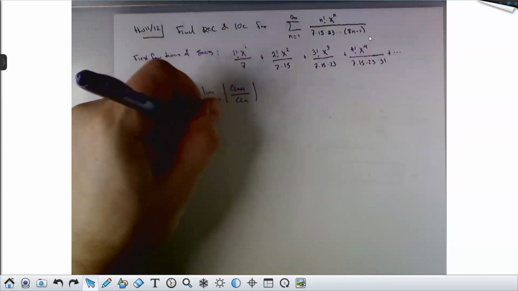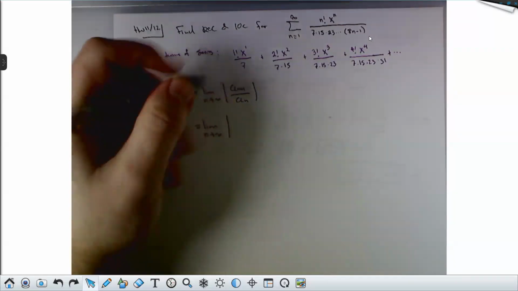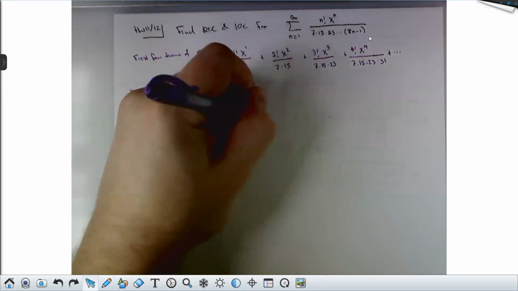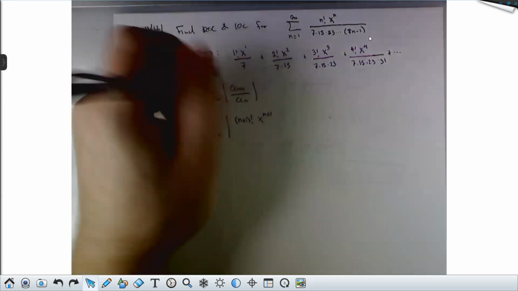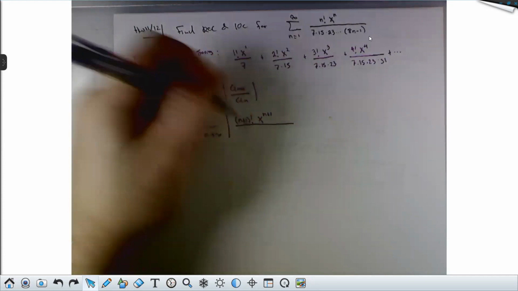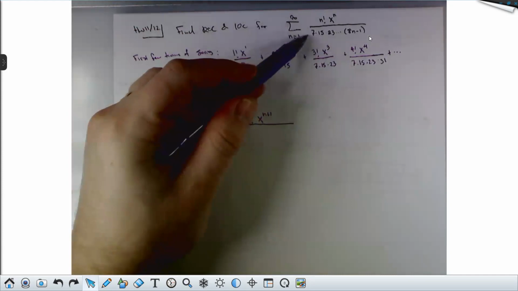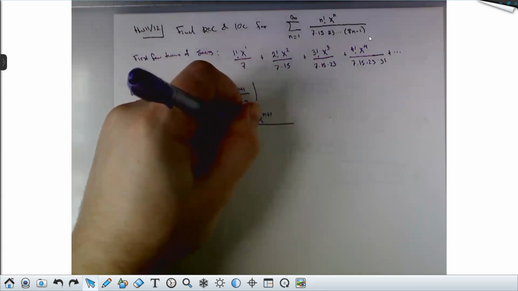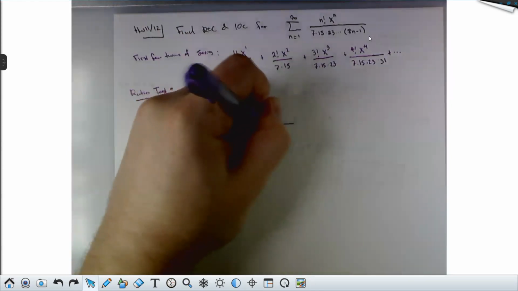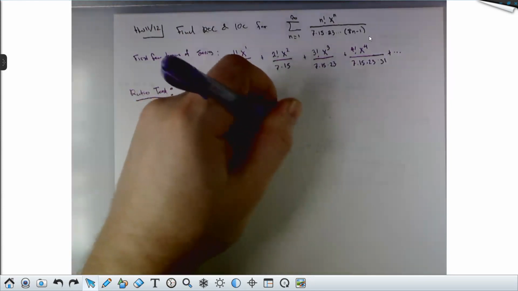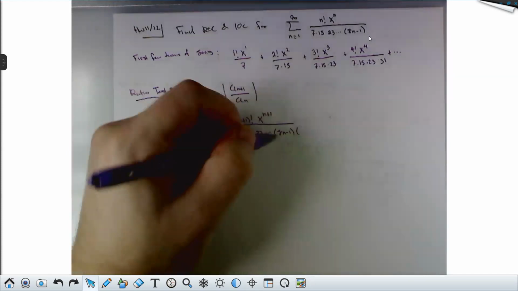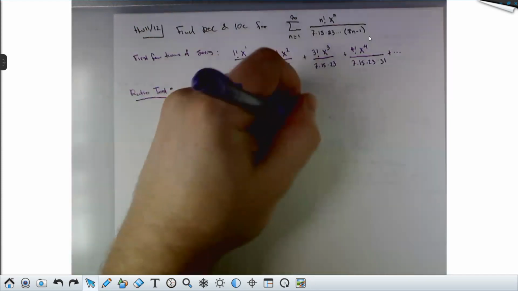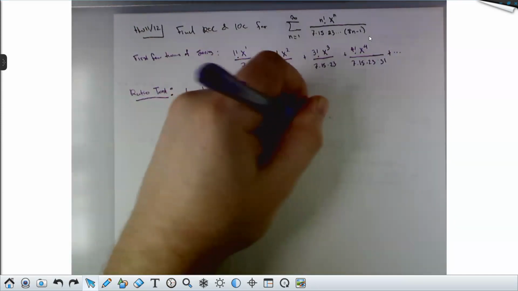That is the limit as n goes to infinity. a sub n plus 1 is n plus 1 factorial x to the n plus 1 divided by this product out to n plus 1, which would be 7 times 15 times 23, 8n minus 1, and then the next term would be 8n plus 8 minus 1, which is 8n plus 7.